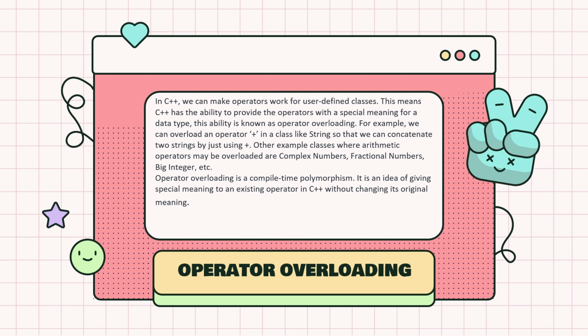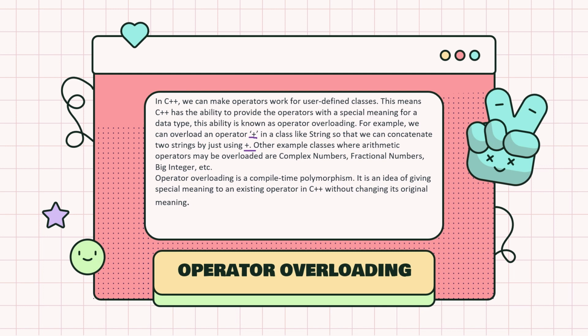For example, we have a plus operator, and in the class we use the plus operator to concatenate two strings. So this is an example of operator overloading.